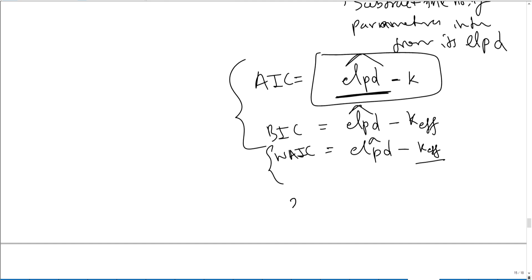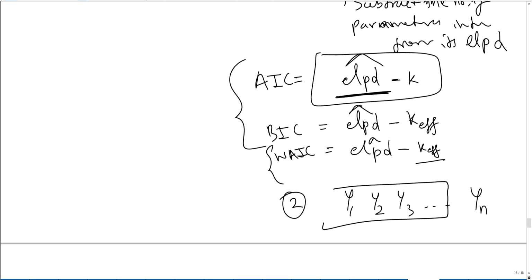There is a second method. Well, you have just this data y1 to n. How about I don't train the model on all these data points, rather I train the model only on a portion of data points, let us call it y train, and then I use the remaining data points as the test data.